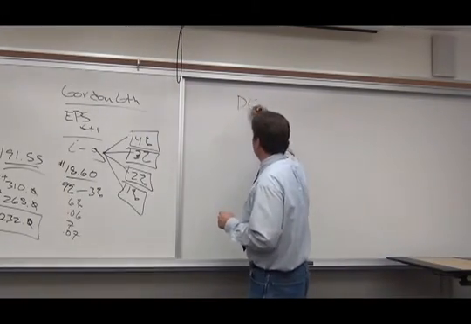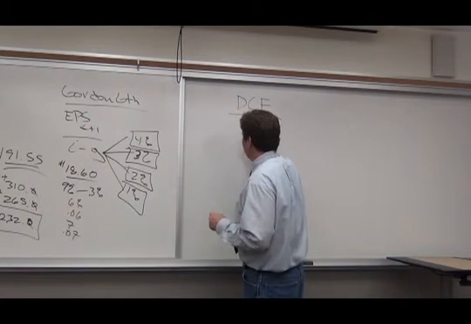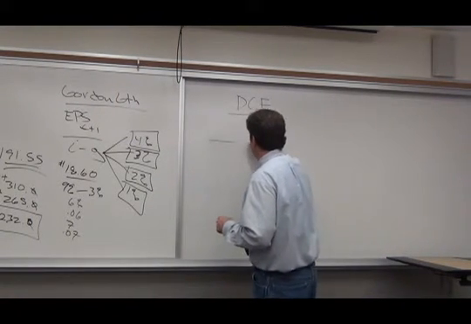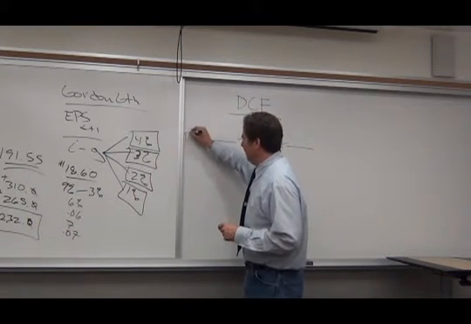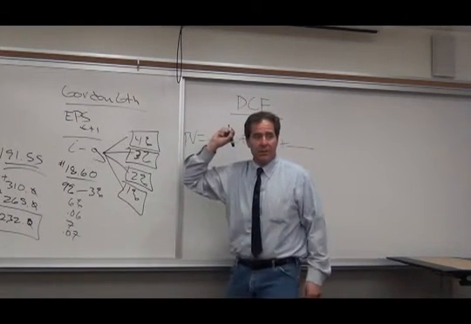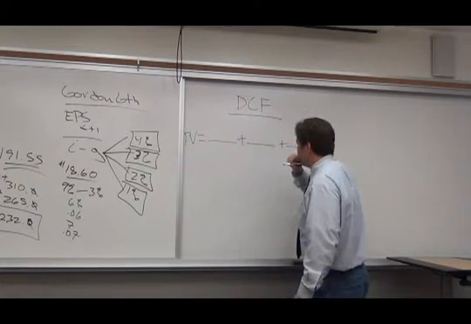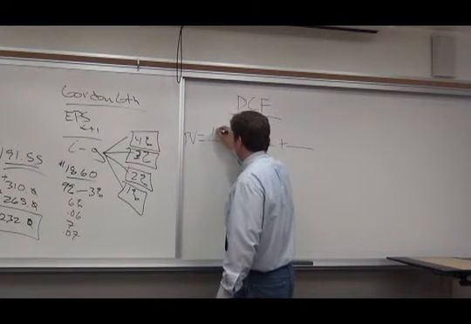Now we want to do DCF. So we know, and again, I'm just going to do a very simple DCF, 3-year holding period. We already know 1860.